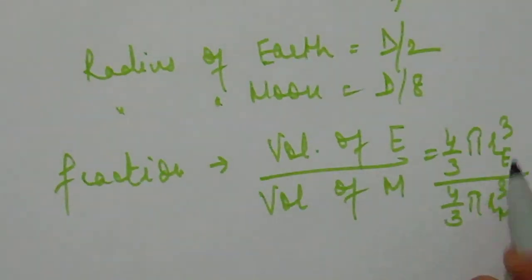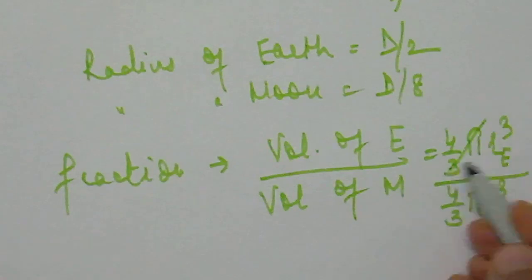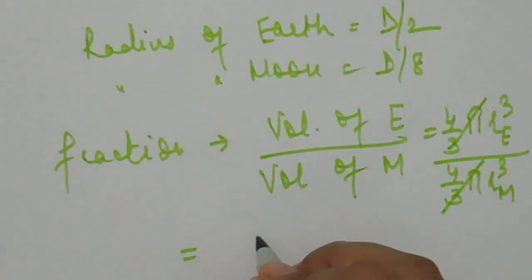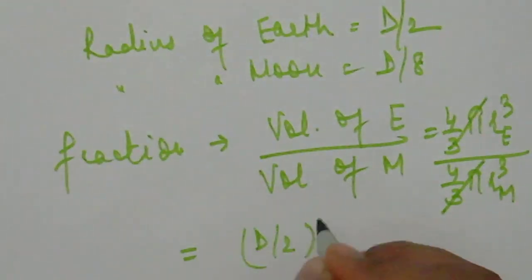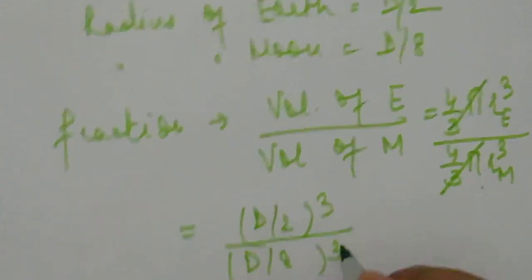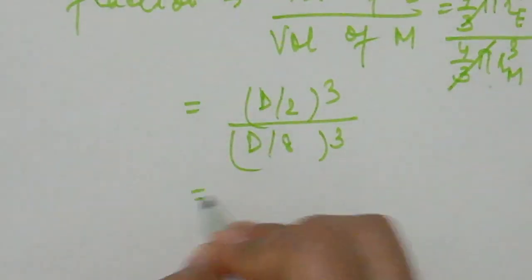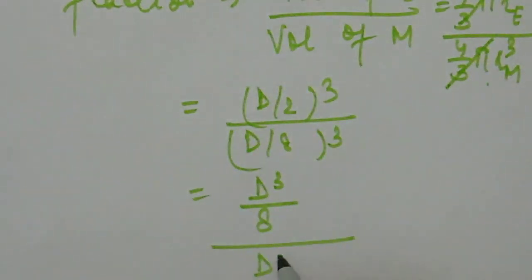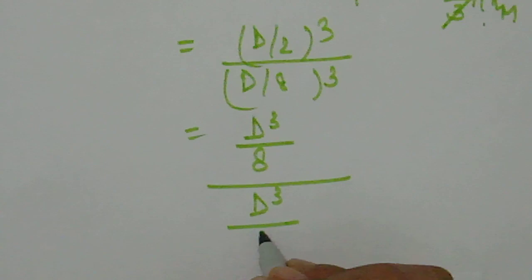We will separate them with e and m. 4/3 pi cancels with 4/3 pi, and then the radius of earth is d by 2 and the radius of moon is d by 8. So we will put it like this. Then it is d cube upon 8 and d cube upon 8 into 8 into 8.